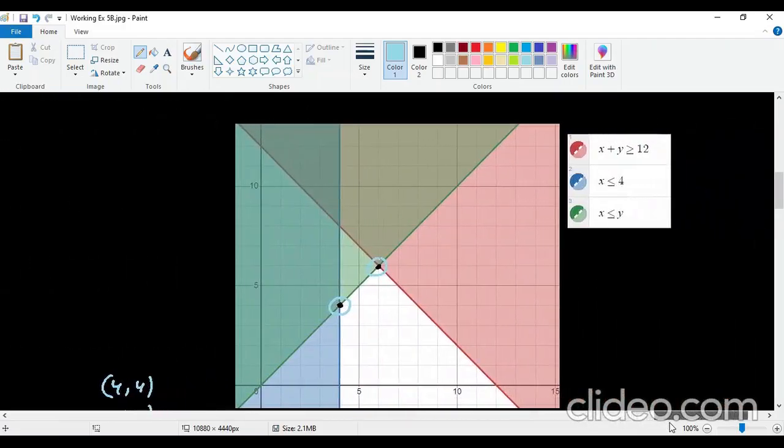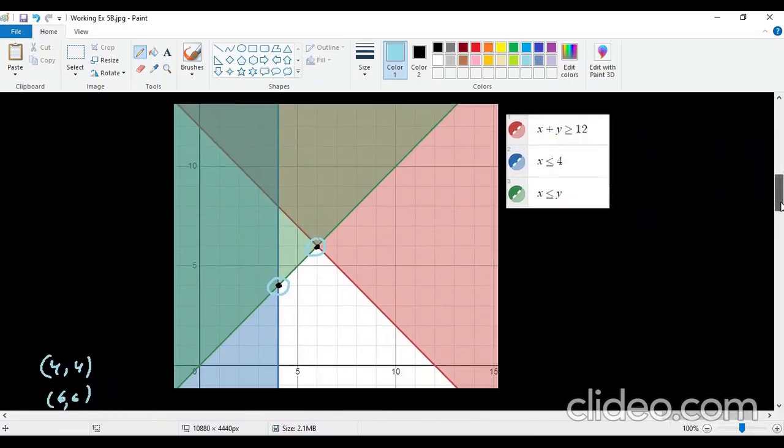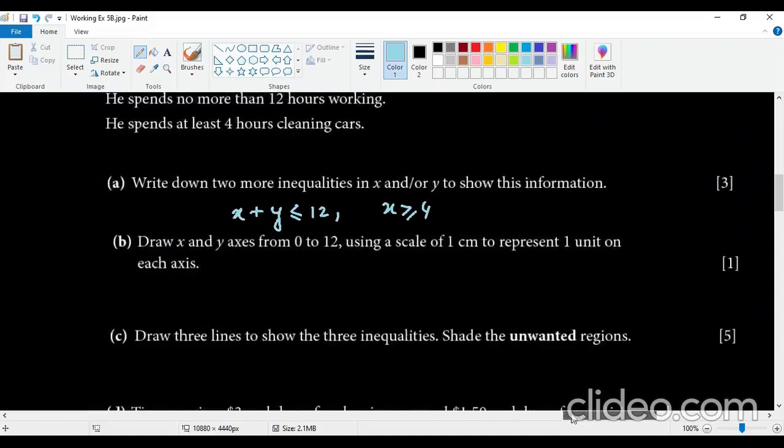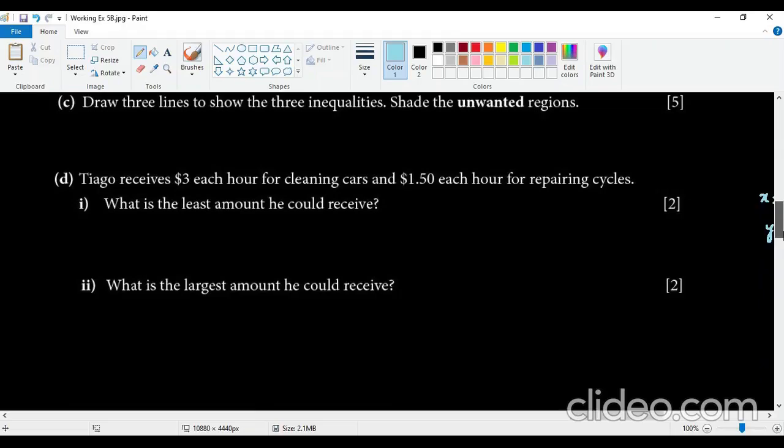Once you put these inequalities on Desmos, you will come up with something like this. For answering the next part, we need the smallest point and the highest point. The smallest point is (4, 4) and the highest point is (6, 6), as you can see in the graph. Now we can go directly to question D.